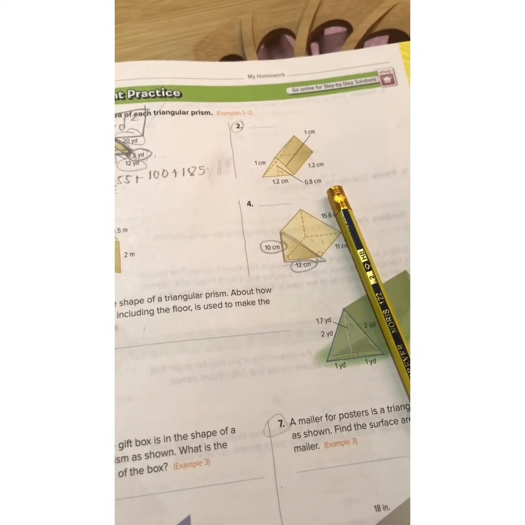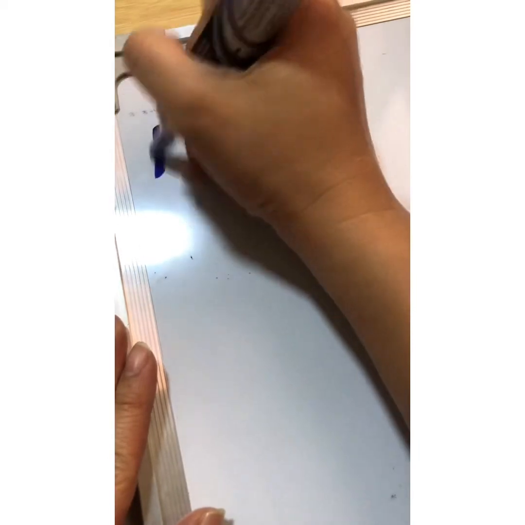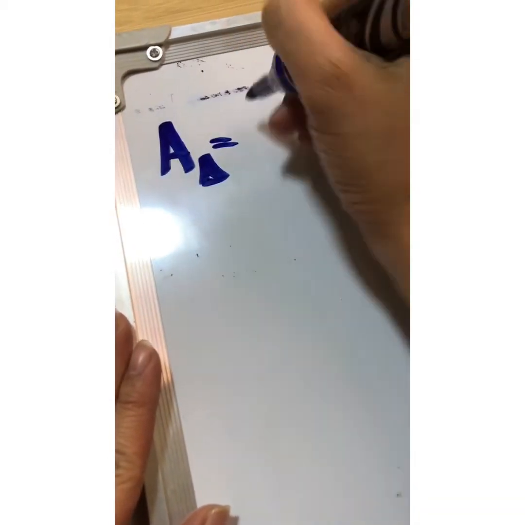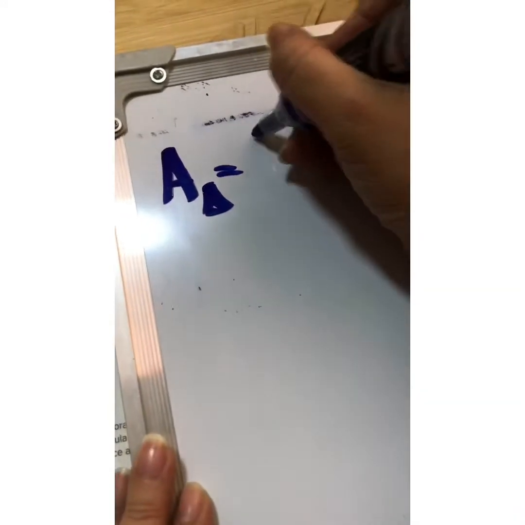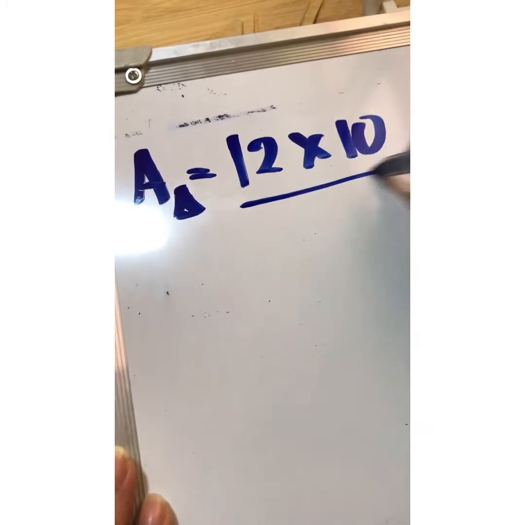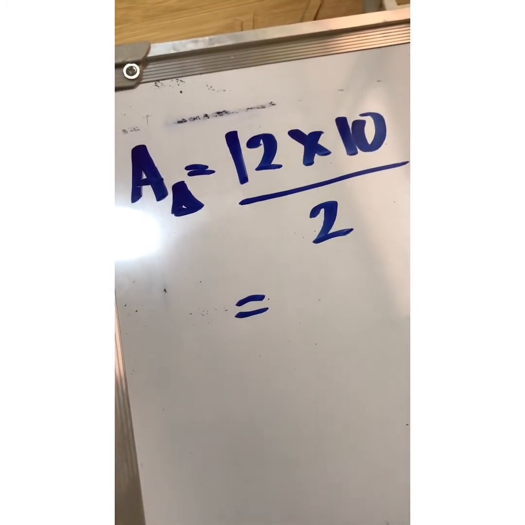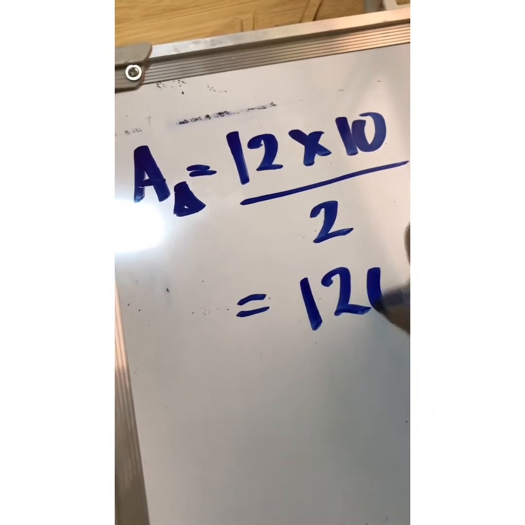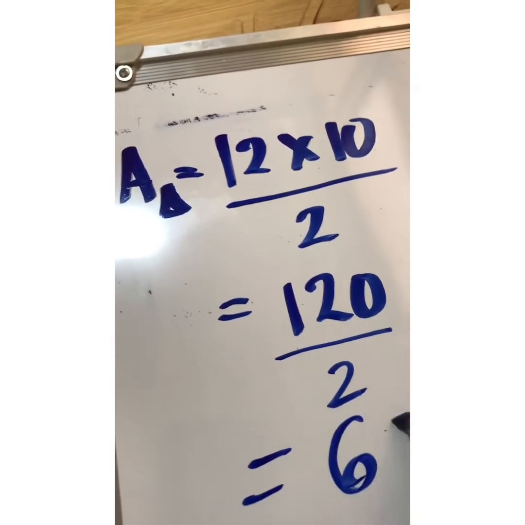That's a triangle. What's the formula in getting the area of the triangle? Base times height divided by 2. So I'll be using the board. Area of triangle equals base, which is 12, multiply by 10, divide by 2. So 12 times 10, which is 120, divide by 2 will give us 60.